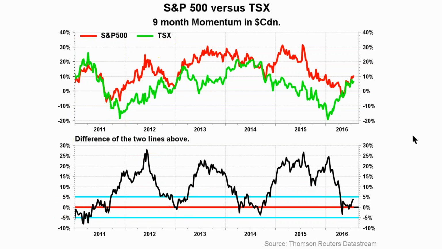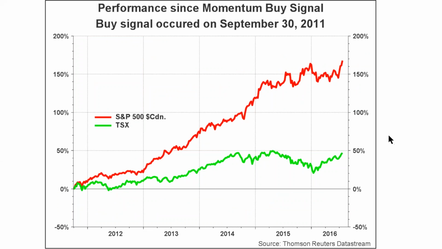So how does that stack up as far as the total amount of money you would have made by being in the US ETF rather than the Canadian? So let's take a look at that. I've actually calculated that. Here we are. If you would have bought in September of 2011, the US ETF was up 170% over that 5-year period.